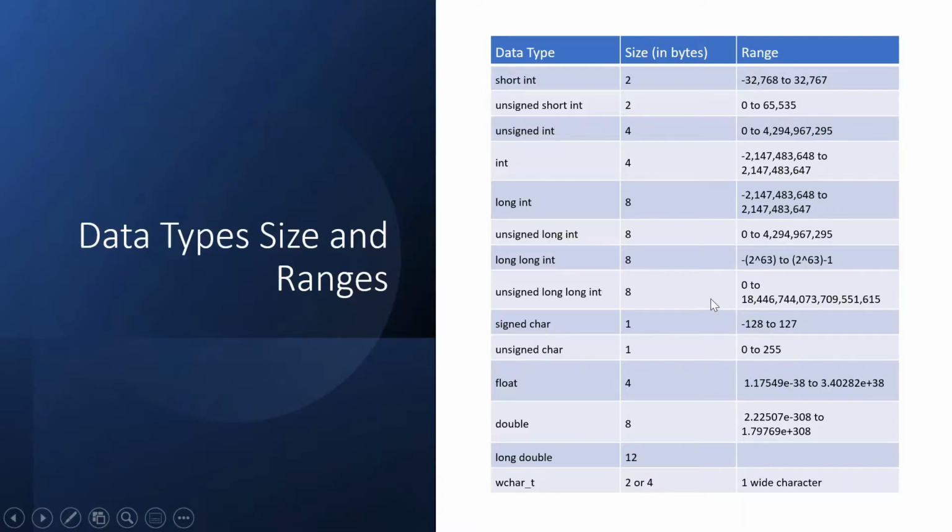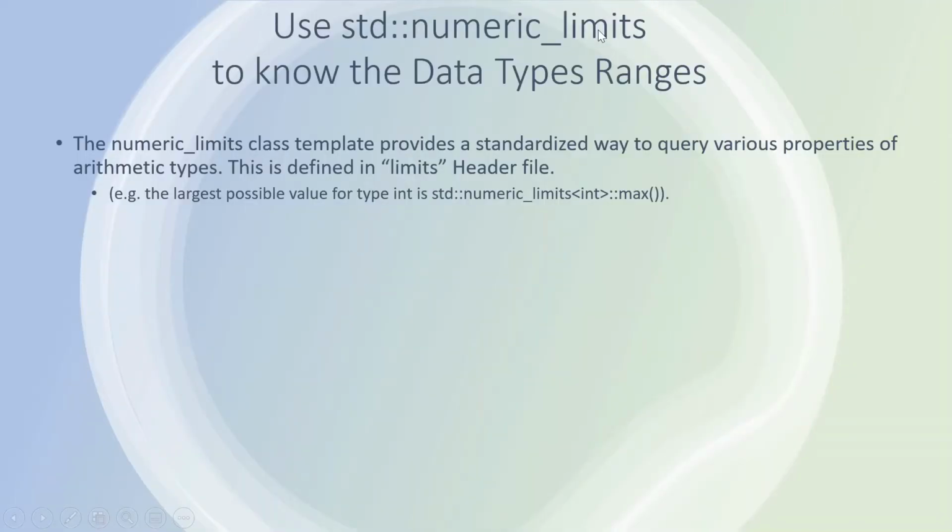Through programming also we can see the size of int on our system, or any other data type, using the sizeof operator, and we can also see the ranges of those data types on our platform using std::numeric_limits. The numeric_limits class template provides a standardized way to query various properties of the arithmetic types. This is defined in the limits header file.